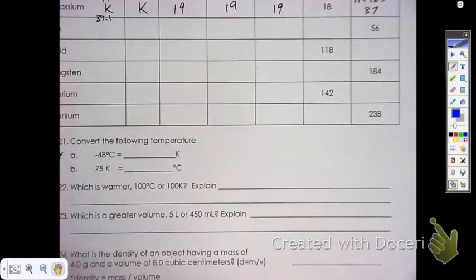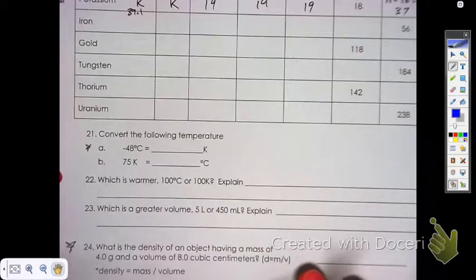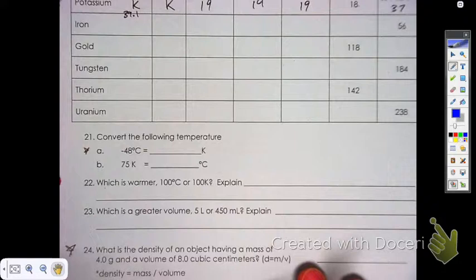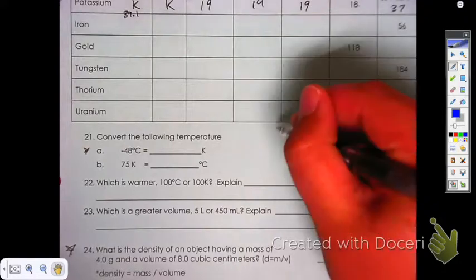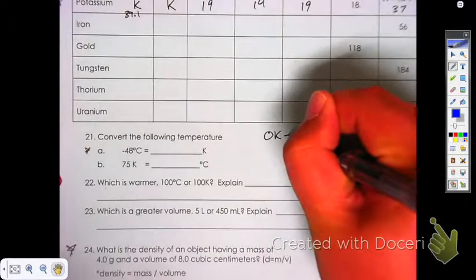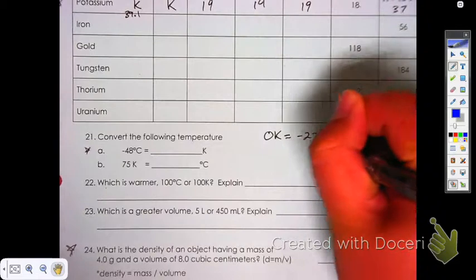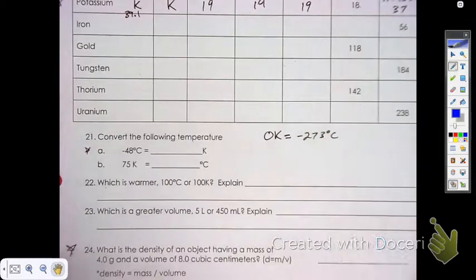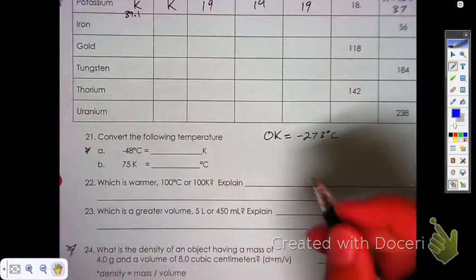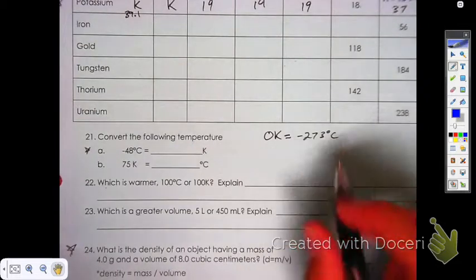Now we come down here to number 24. We'll do 21 first. When we do conversions between Celsius and Kelvin, we have to remember our equations. We have to remember that 0 Kelvin equals negative 273 degrees Celsius. So to go from Kelvin to Celsius, we have to subtract 273.